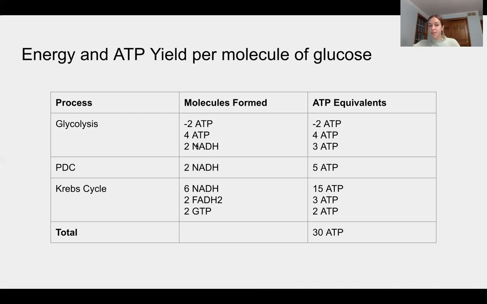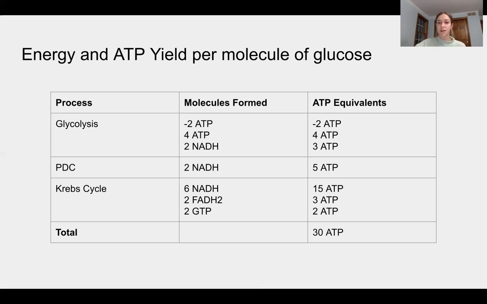So you might be looking at this and seeing how we have our 2 NADH in glycolysis that only translates to 3 ATP, where you would think it would be 5 if you're multiplying it by 2.5. But this is what we touched on earlier, and how eukaryotes need to spend some energy to get all of these things into the mitochondria.